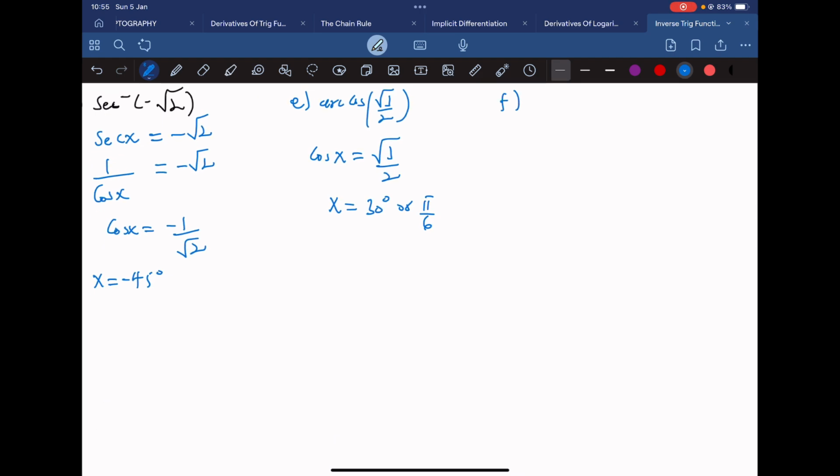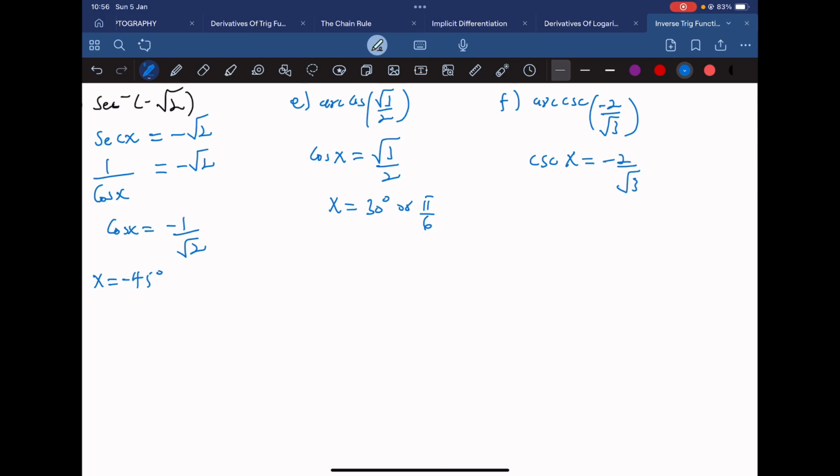For f, we have to find arc cosecant of negative 2 over root 3. So in this case, all that we want to find is what value will give you this.